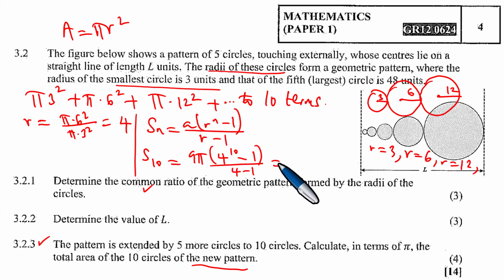What do we get here? Using a calculator, 4 minus 1 is 3. 9 divided by 3 is 3 pi.